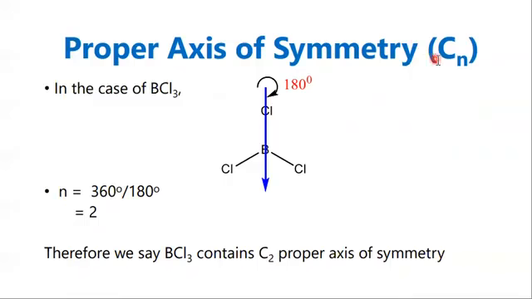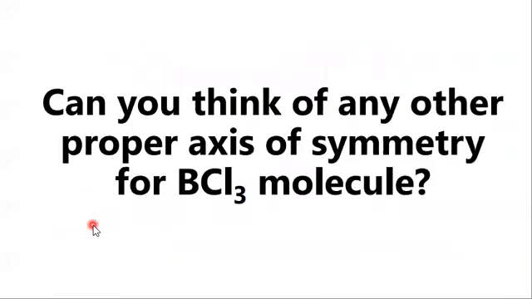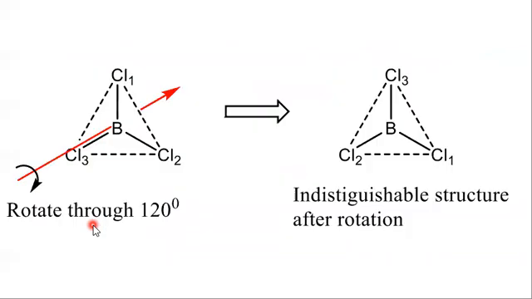Here the subscript denotes the number 2. Can you think of any other proper axis of symmetry for the BCl3 molecule? Of course, there is another proper axis of symmetry present, that is C3.